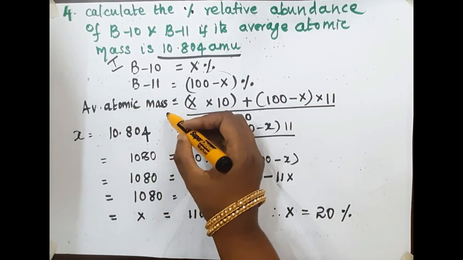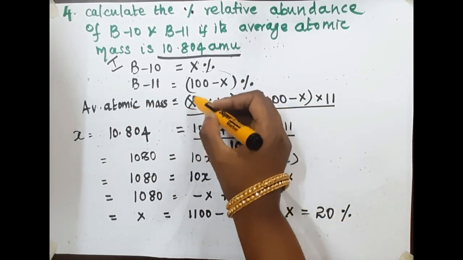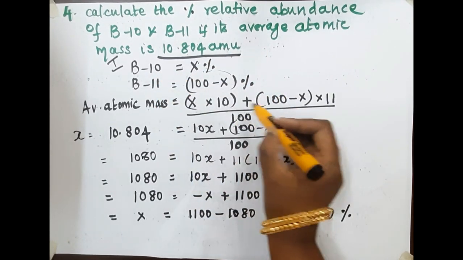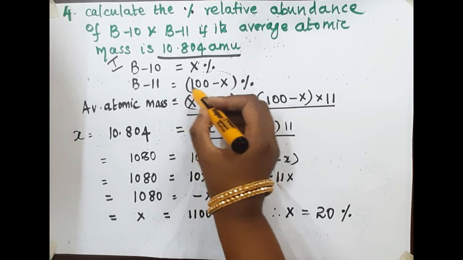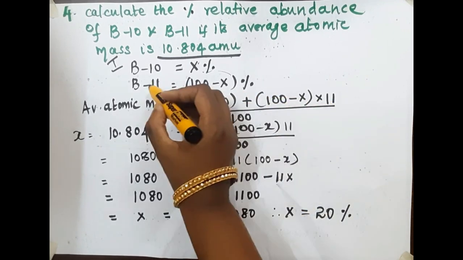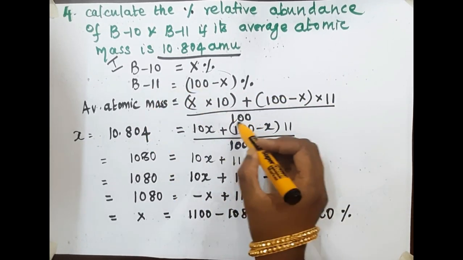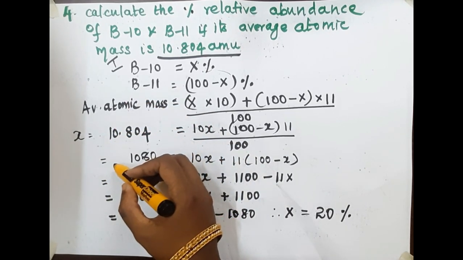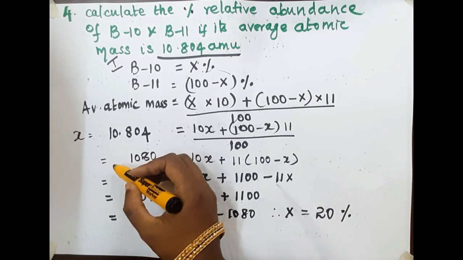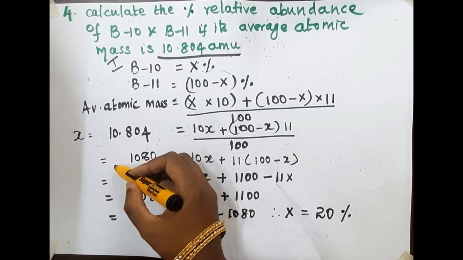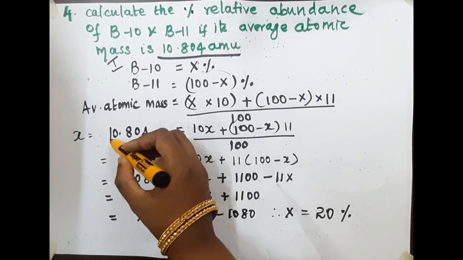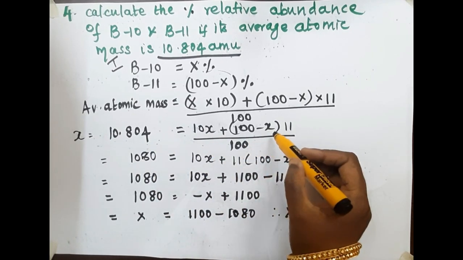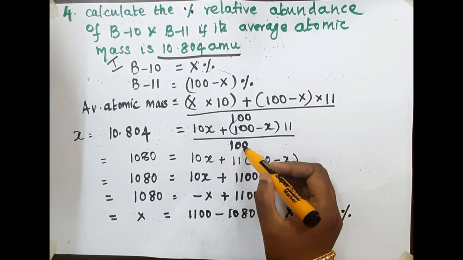Now, the average atomic mass formula I have given: x is the percentage into boron 10, plus 100 minus x is the percentage of boron 11 into 11, divided by 100. This value is already given, so we are calculating the value of x. So 10.804 is equal to 10x plus 100 minus x into 11 divided by 100.